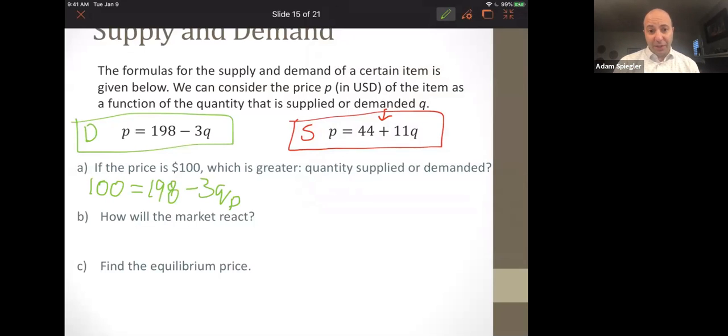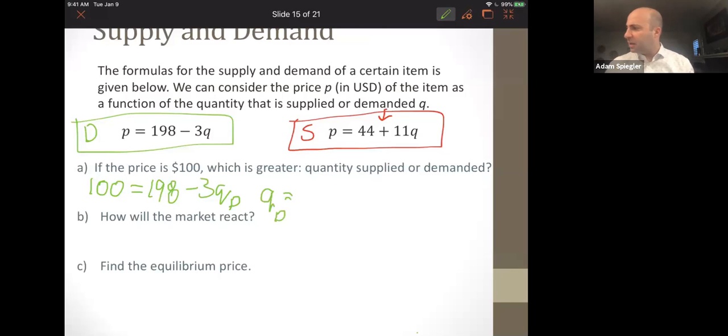So I could solve this equation for Q sub D. If you allow me to do that a little quickly, you can verify my solution here.